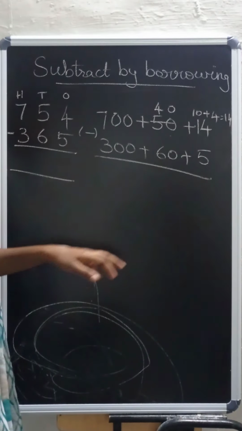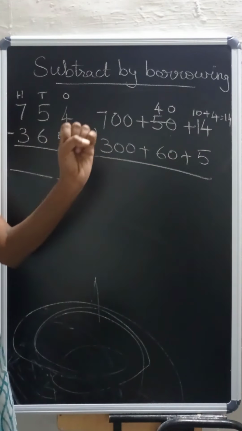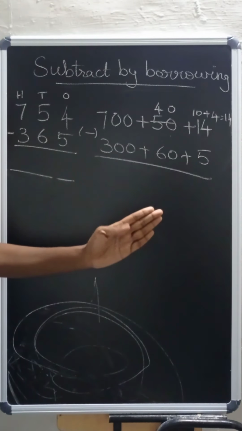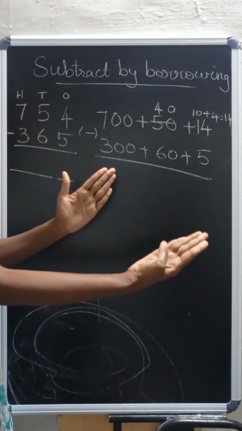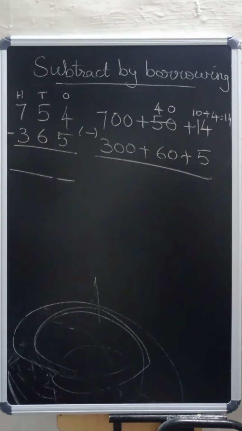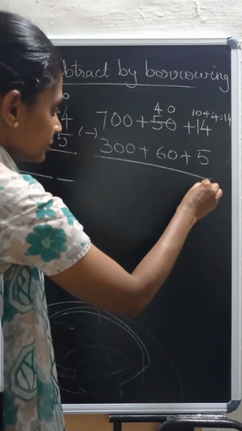Now normal subtraction. After 5, count till 14. After 5, 6, 7, 8, 9, 10, 11, 12, 13, 14. So you get 9 fingers. So put 9 here.